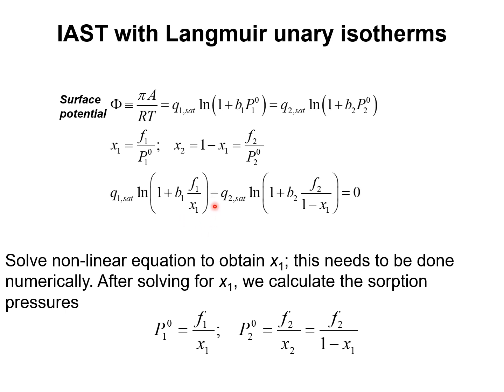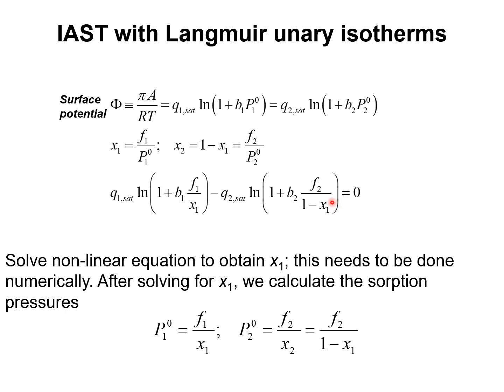Now, for a given set of partial fugacities of components 1 and 2 in the bulk fluid phase, and from information on the unary isotherm data fit, we know B1 and Q1 sat, B2 and Q2 sat. We can determine the mole fraction of component 1 in the adsorbed phase by solving this nonlinear equation.